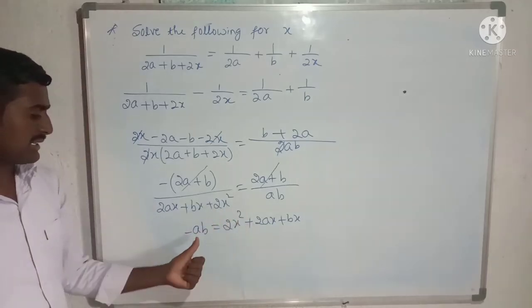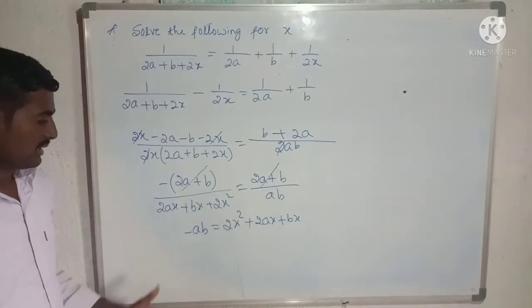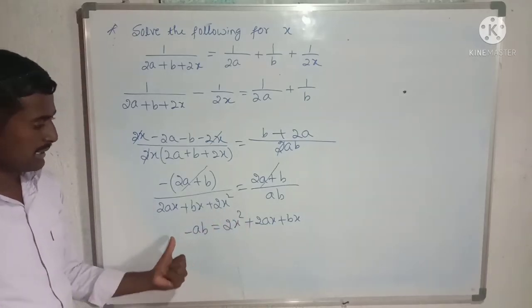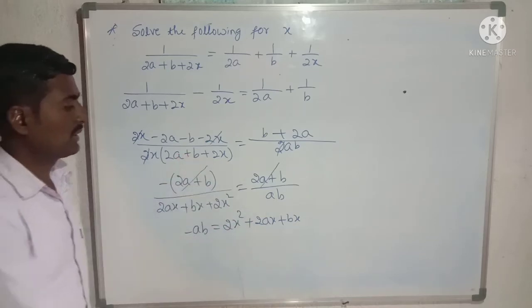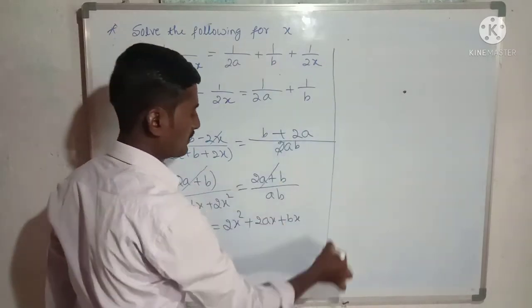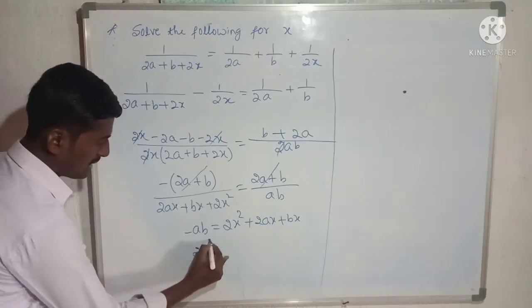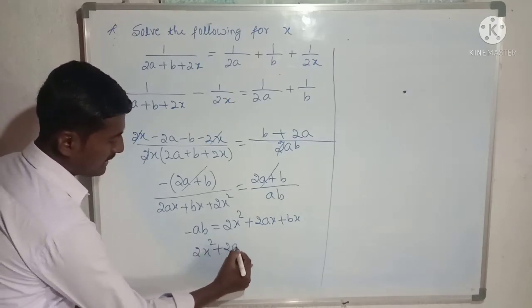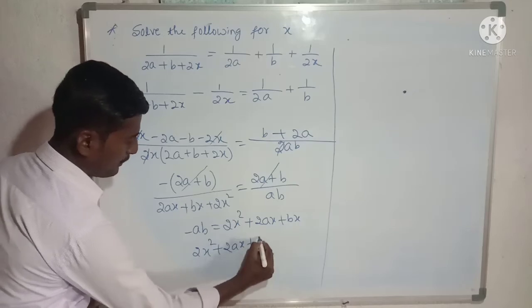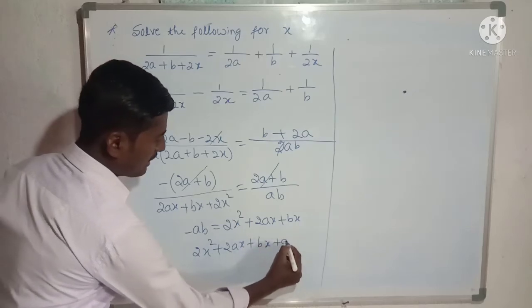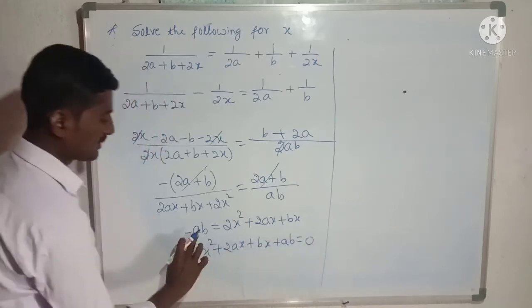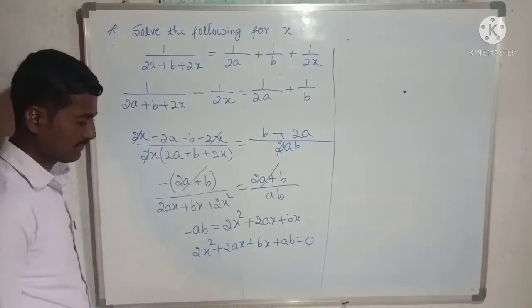Okay, so in LHS minus ab is there. Now let us take this minus ab to the right side. What will get? So 2x square plus 2ax plus bx plus ab is equal to 0. This ab goes to that side.